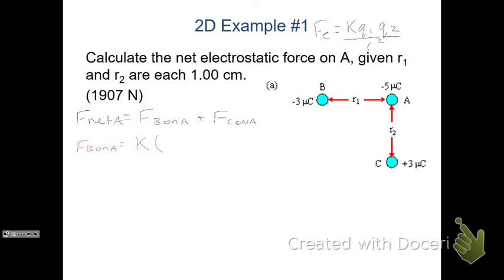So we have 3 times 10 to the negative 6 coulombs, that is the charge of B. And the charge of A is 5 times 10 to the negative 6 coulombs. Divided by 1 centimeter, which is 0.01 meter.